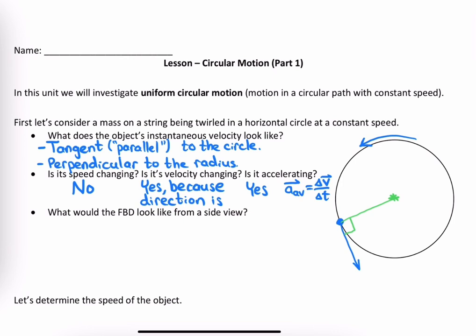So here is my mass, and it's going to have the force of gravity acting down on it. And over here somewhere is my athlete who's actually grabbing onto the cable and pulling it.